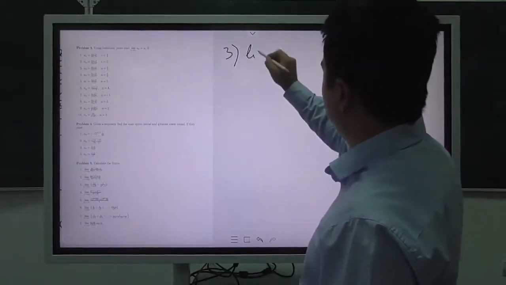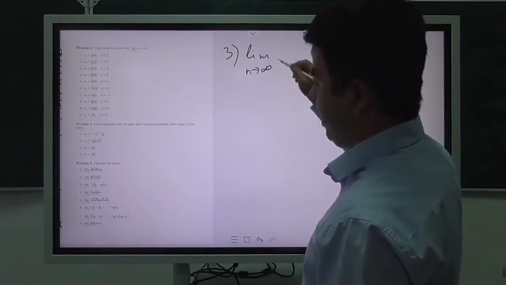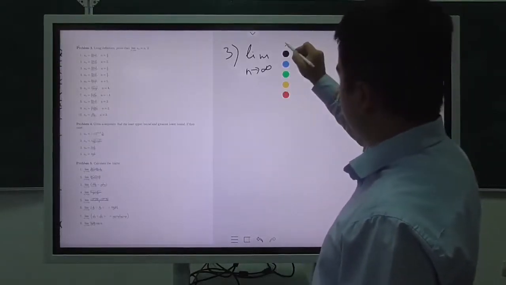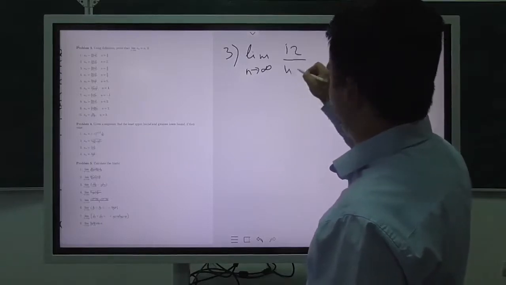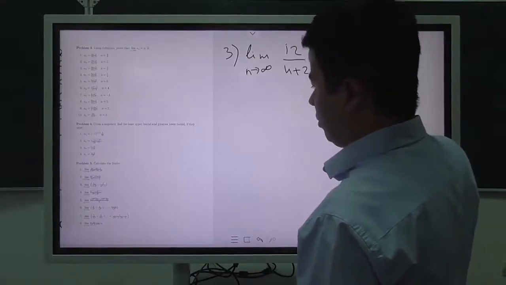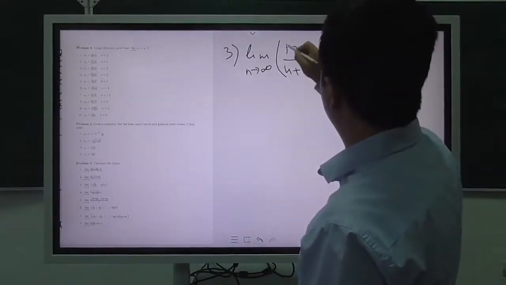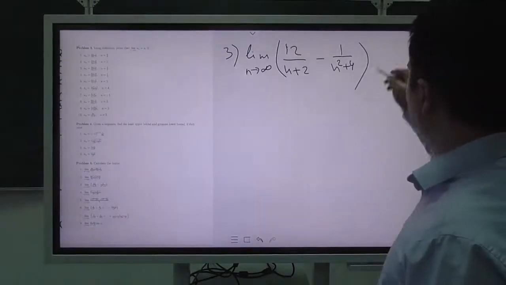Limit as n tends to infinity of 12 over n plus 2 minus 1 over n squared plus 4. So what should we do here?